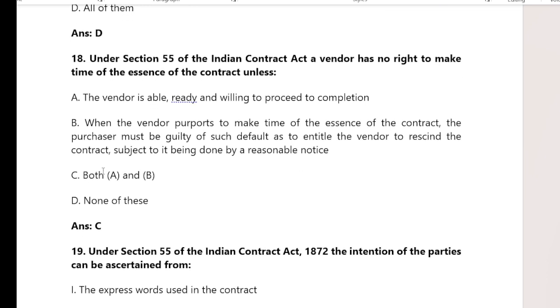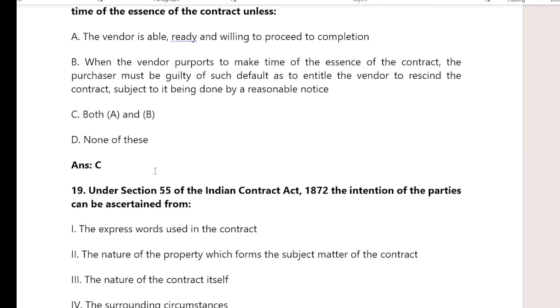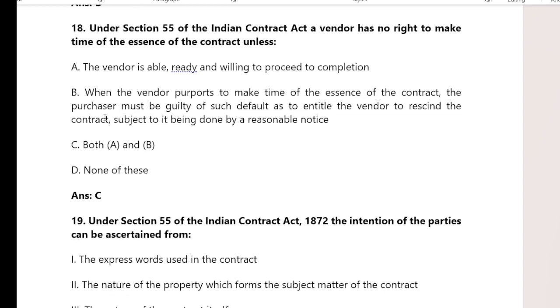And option C, both A and B are right, and option D, none of these. Then the right answer is option C, both A and B are correct.